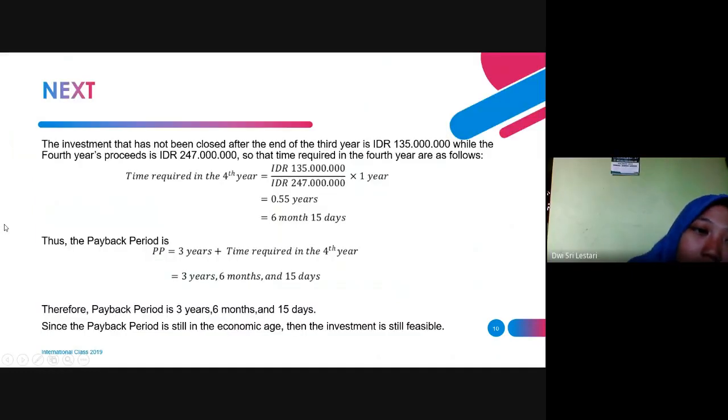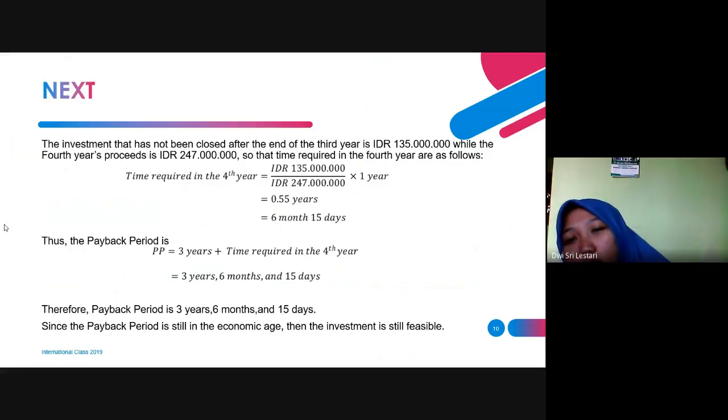And then the investment that has not been closed after the end of the third year is 135 million, while the fourth year's proceed is 247 million. So the time required in the fourth year is as follows.